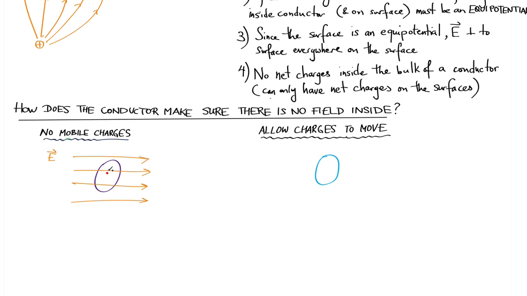Let's imagine you unfroze all the electrons, and now I have an electron here that sees an electric field, so it's going to be accelerated in the opposite direction, towards here. So a lot of the electrons will be accelerated towards this side and accumulate onto this side of the conductor, leaving more positive stuff on this side.